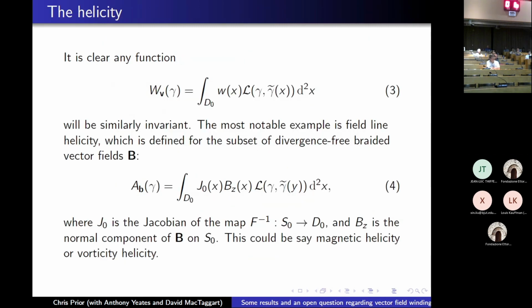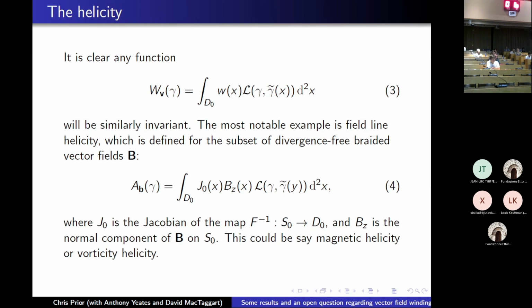Now one of the points I want to make about this is that this is a sort of elemental quantity, I believe. If I've got this winding distribution for my field, the average winding of one of the curves with the rest of the field, I can multiply, at each point on the lower domain, the disk, each field line with another quantity W. And if that quantity itself doesn't change in time, then this weighted winding distribution will also stay fixed.